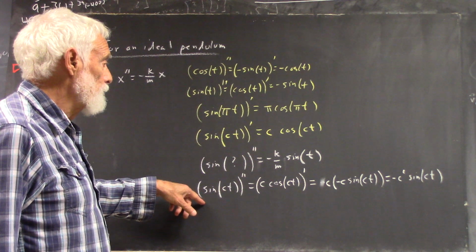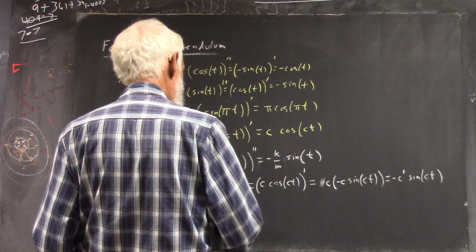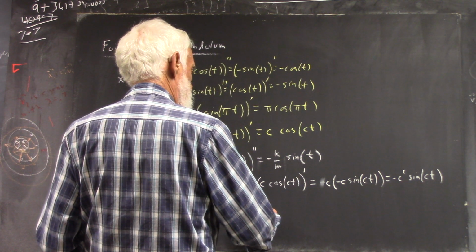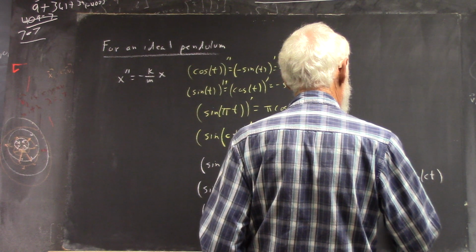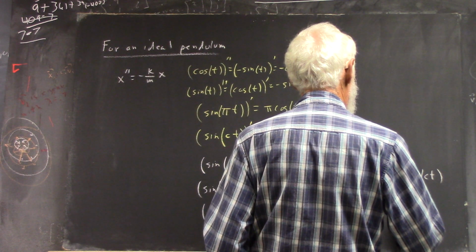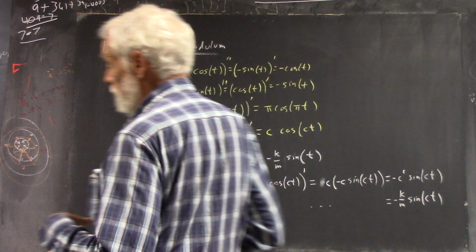How do we adapt this if what we want to get is this?